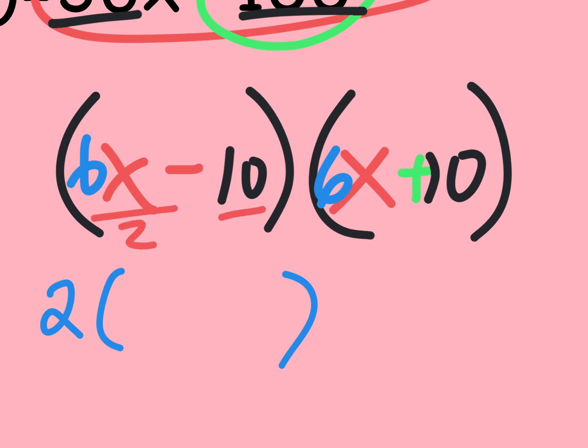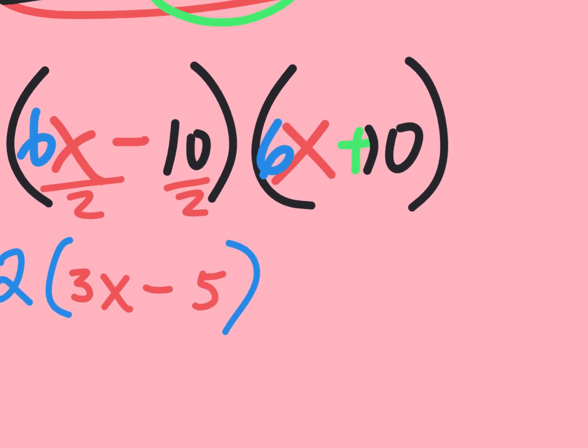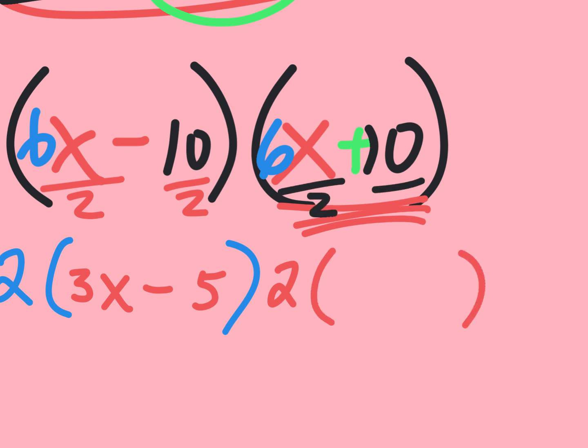Divide by 2, divide by 2, and this gives me 3x minus 5. And same thing here. There's a 2 in both of them. 2 goes there. And divide by 2, divide by 2. If you want to know what goes in there, 3x plus 5.